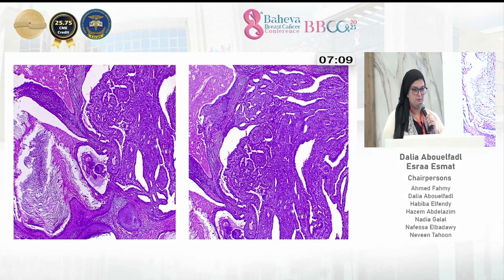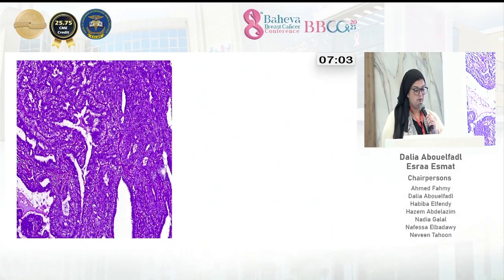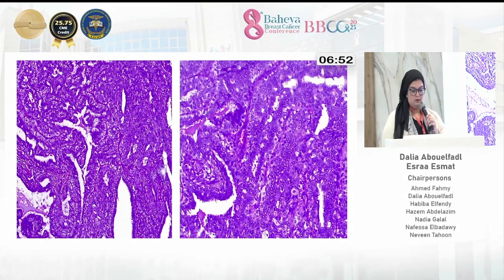There are epithelial papillary structures present in the axillary lymph node, more or less showing the same morphological features of the papillary intraduct papilloma in the breast. This was striking, maybe the first time to see this at all, and I ran to Hazem to look with me at this case.